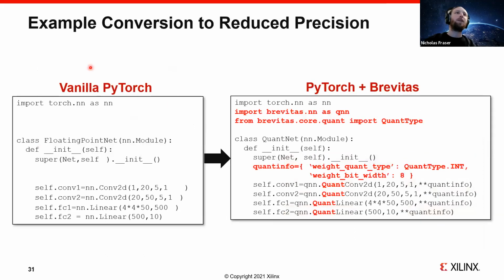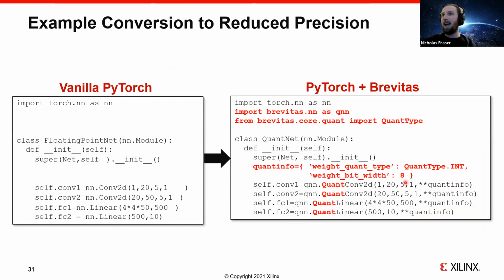Okay, so here is a very, very basic example, but this is just to give you an idea of what the API looks like. So on the left here, we have vanilla PyTorch implementing a very simple neural network. And on the right, we have the Brevitas implementation of the same network, but with 8-bit weights.